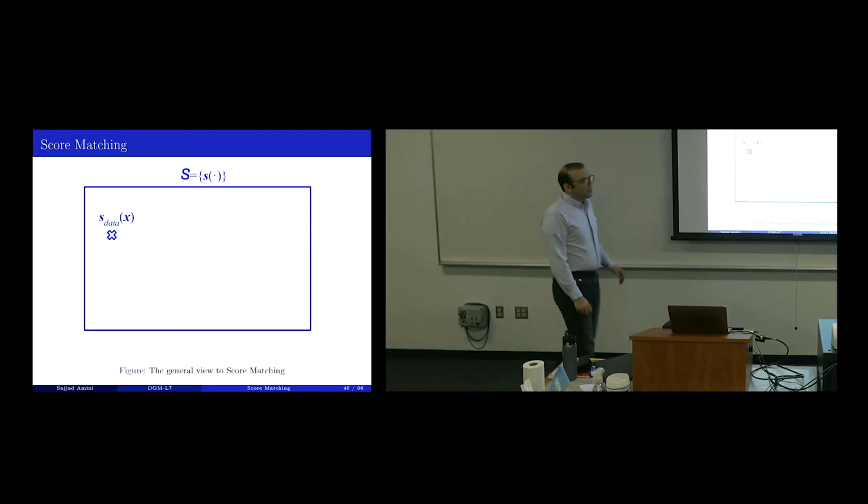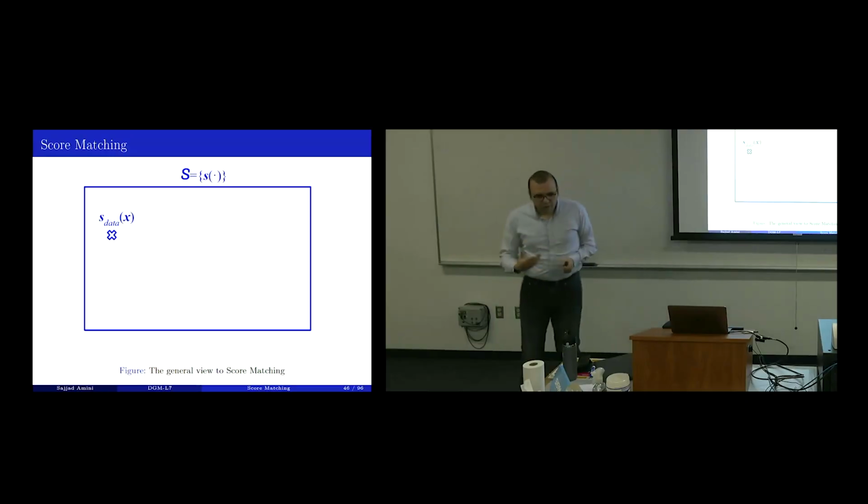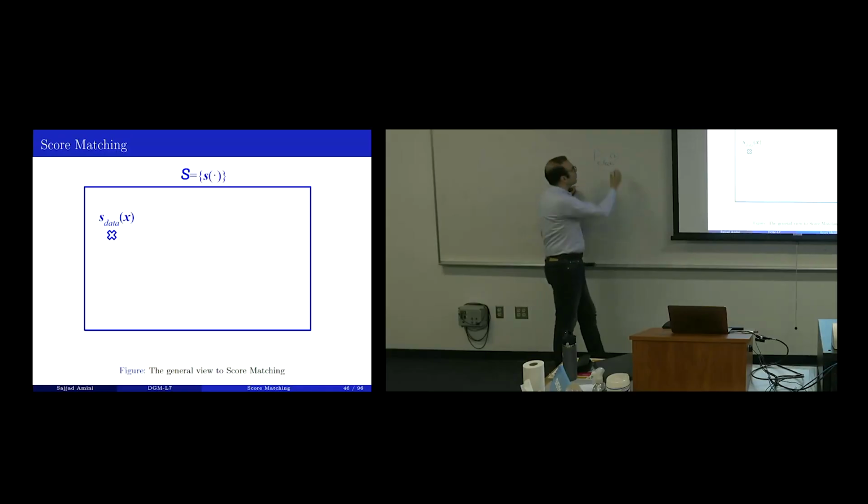Okay, so let's recap our big picture with the scores. Previously, we had this image with P of X and the family of distributions. Now we want to switch from P of X to the score. Assume that I want to find P data of X. I know that the true distribution, which I do not have access to, is equivalent to a score function.